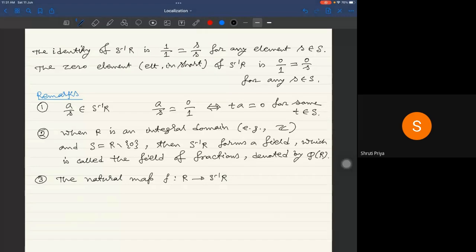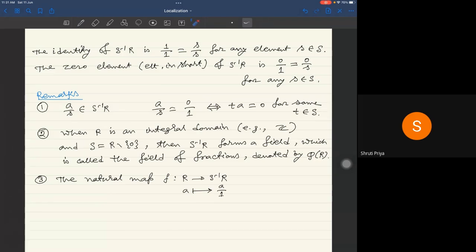If a is an element, what should be its image? Can you get an element of S inverse R in a natural way from a? What about a by 1?